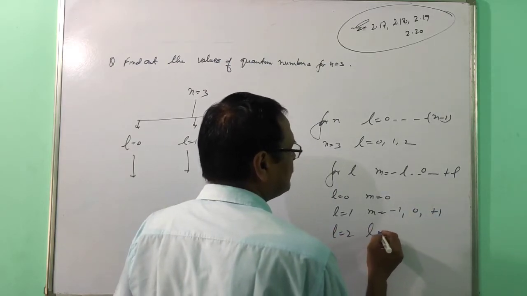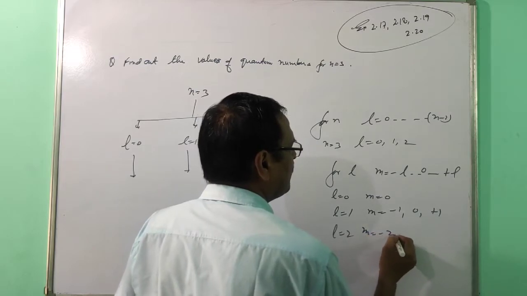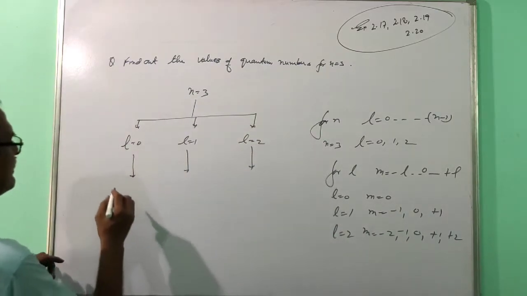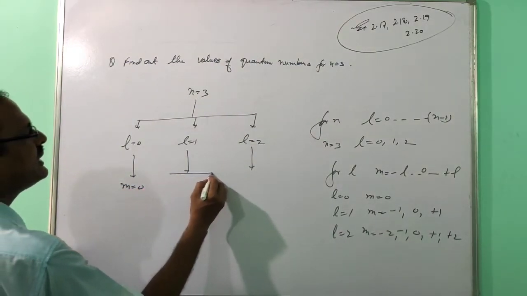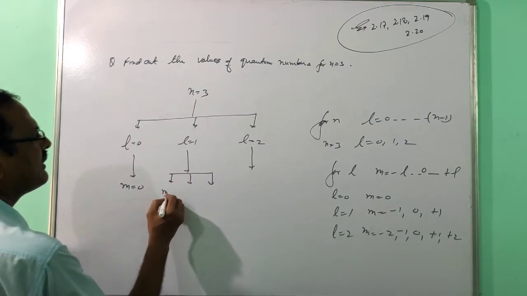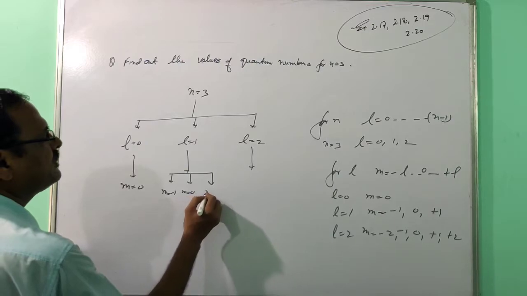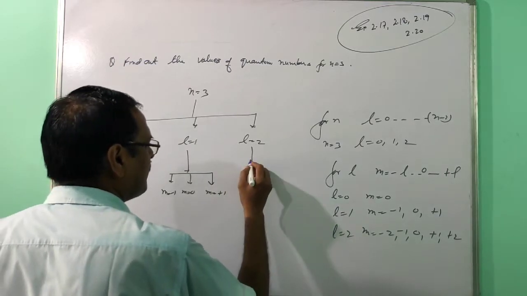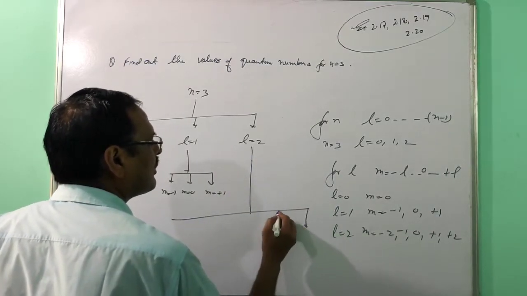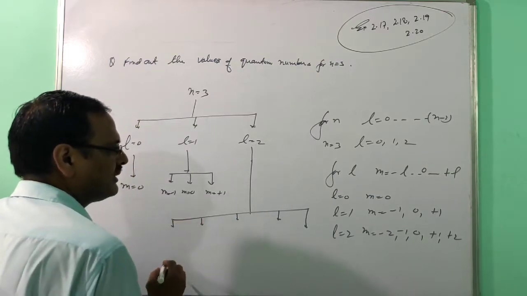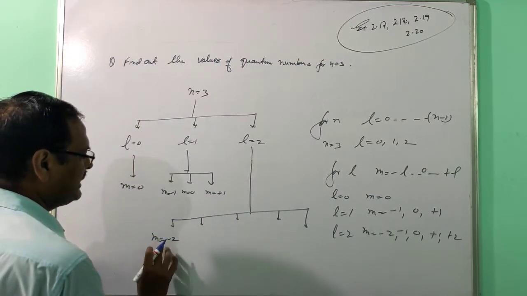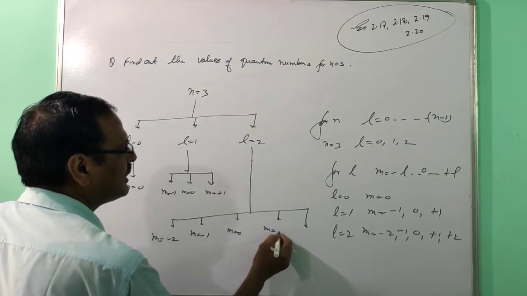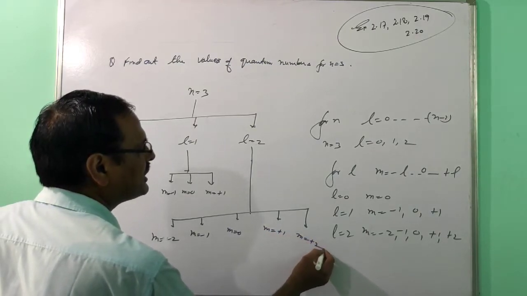When l is equal to 2, then m is equal to minus 2, minus 1, 0, plus 1, plus 2.